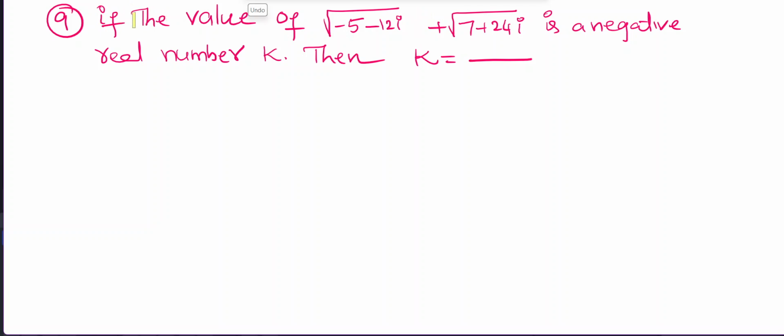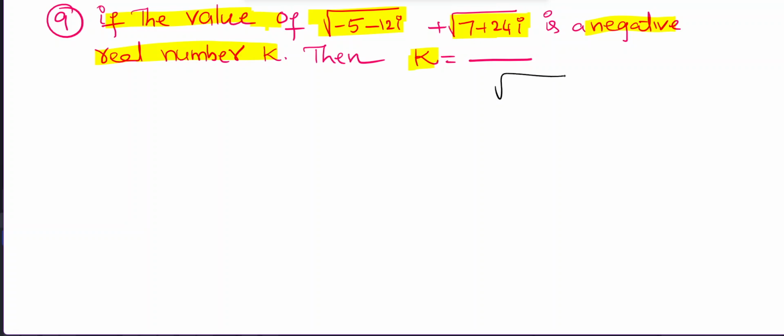This is the ninth question. If the value of root over minus 5 minus 12i plus root over 7 plus 24i is a negative real number k, then k is equal to dash. Here the square root is given.